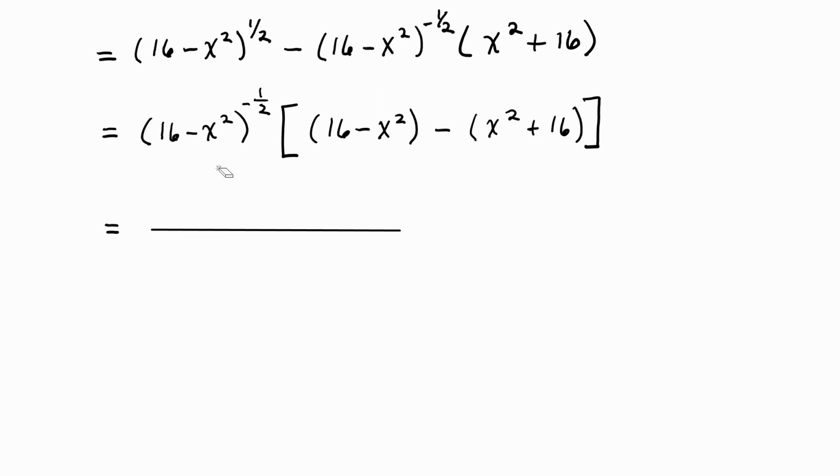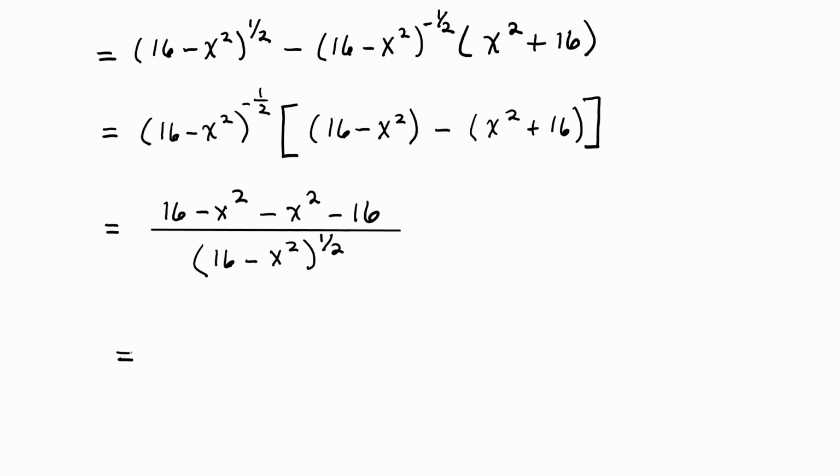This quantity 16 minus x squared to the negative 1/2 heads to the denominator as 16 minus x squared to the positive 1/2. In the numerator, we've got 16 minus x squared from that first term. Then we have to distribute this negative sign. So we get minus x squared and minus 16.